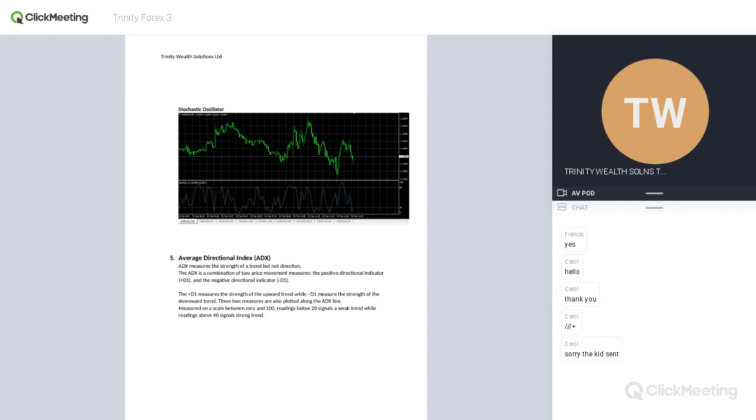The ADX is a combination of two price movement measures: the positive directional indicator, that is plus DI, and the negative directional indicator, minus DI. The plus DI measures the strength of the upward trend, while minus DI measures the strength of the downward trend. So they measure strength, not direction.